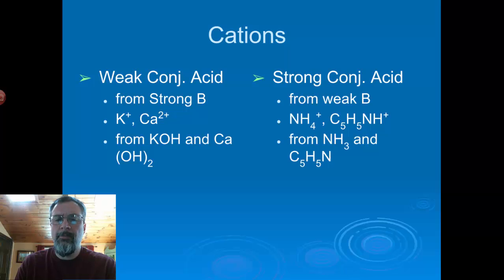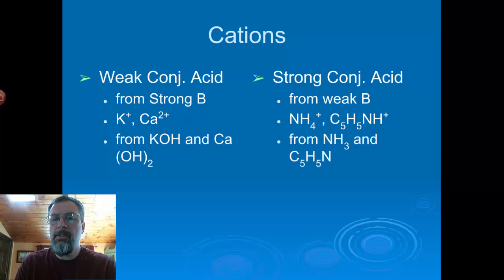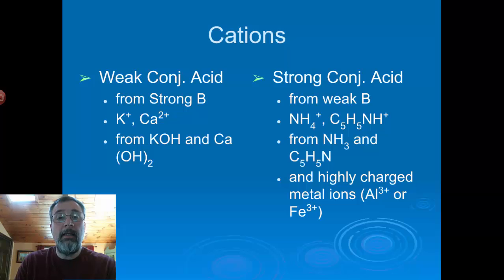Very strange. NH4 plus comes from NH3. C5H5NH plus comes from C5H5N. Okay. Highly charged metal ions like aluminum or iron 3 are also strong conjugate acids. Okay, so they contribute to the acidity of a solution.